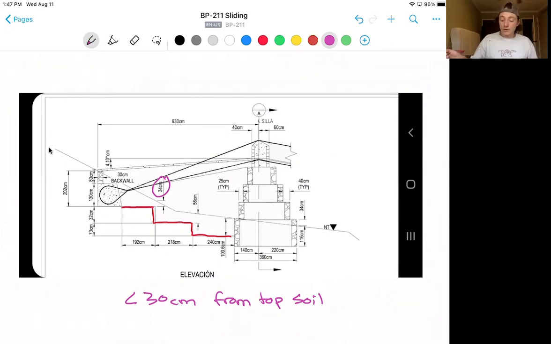As well, this creates more problems. Now that our sliding factor of safety is most likely going to be met, we have a problem with our soil shear failure.